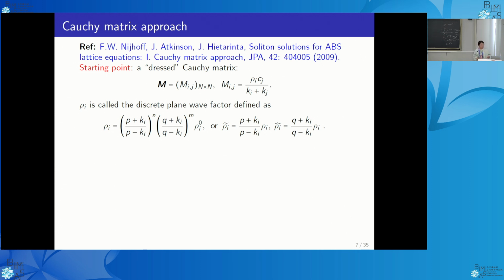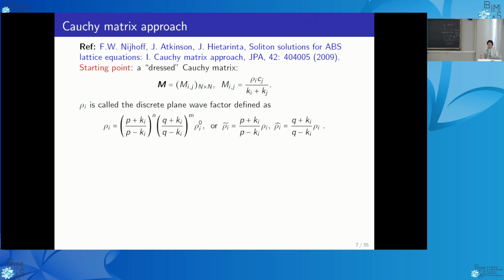So we can see M is this kind of matrix, and if ρ_i, c_j are equal to 1, this is a Cauchy matrix. But usually ρ_i, c_j cannot be 1, because we'd like to connect this to integrable systems, and usually ρ_i contains the information of the independent variables.